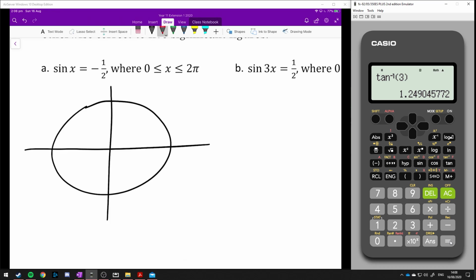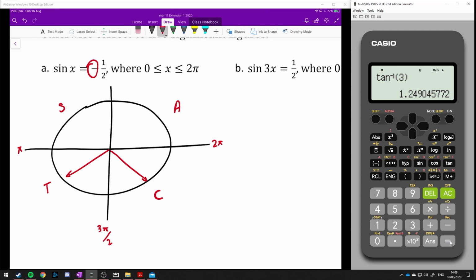We need to go back to all stations to central, and think about when sine is equal to a negative number. It's only negative in the third and fourth quadrants, so between pi and 3 pi on 2, and between 3 pi on 2 and 2 pi. So it's somewhere in those two.